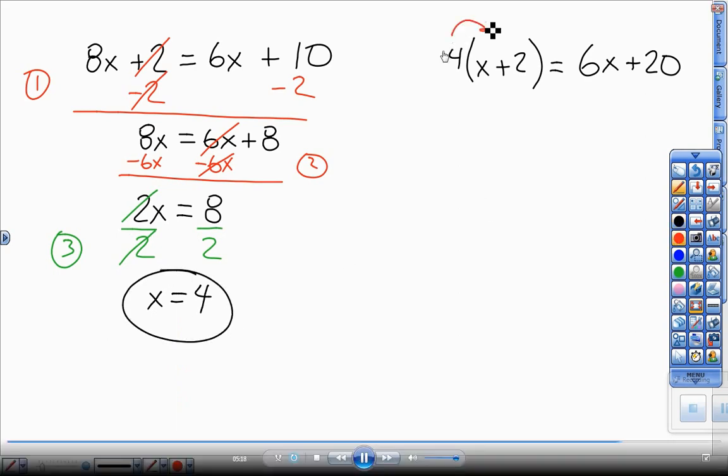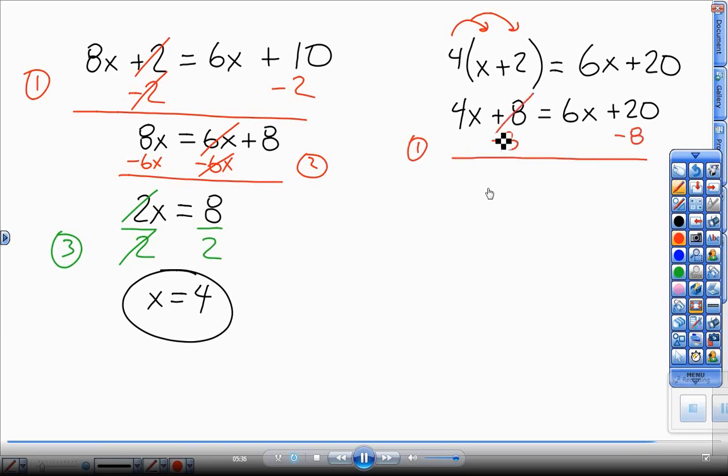Alright, this one, distribute first, 4 times x, 4 times 2 gives me 4x plus 8 equals 6x plus 20. Now again, stay on this side, eliminate the plain number, -8 minus 8. Cancels away. Bring down 4x. Bring down your equal, bring down 6x.